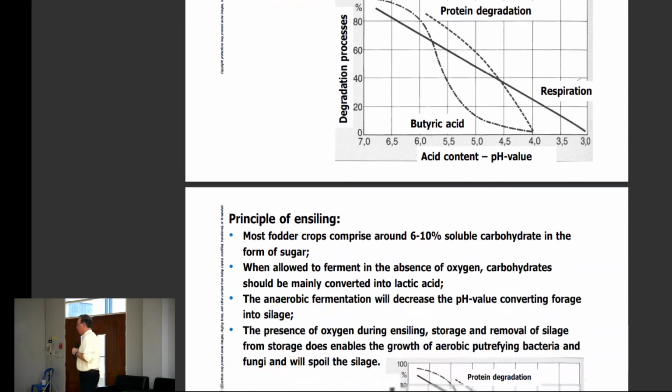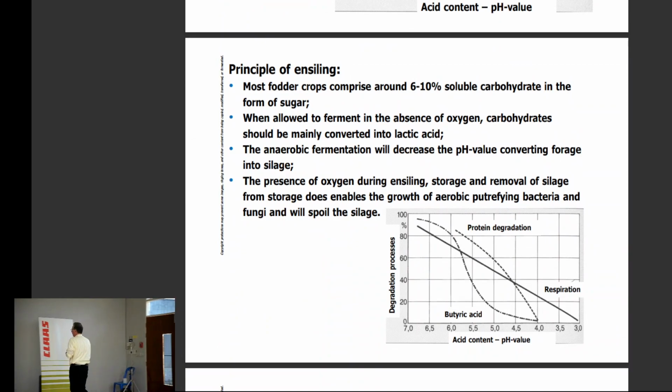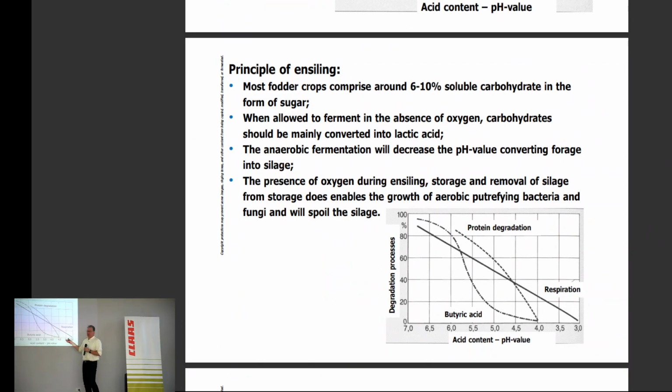So what's important? So you see, what's the idea? The pH should go down as fast as possible within a couple of days, because the sooner it goes down, the sooner the protein degradation stops or goes down, the respiration goes down. That means if these both go down, you stop the losses or you minimize the losses.